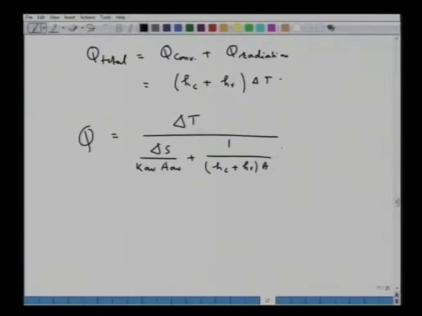So, this is another approach to determine a combined heat flow path from the furnace to the surrounding.